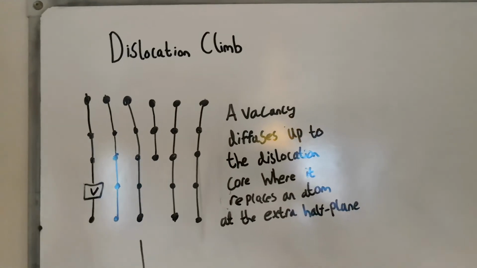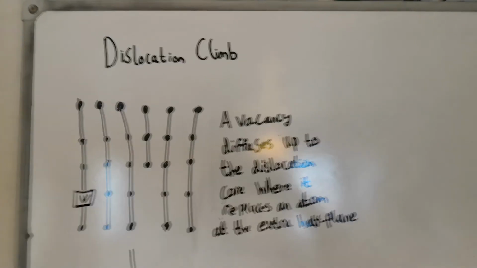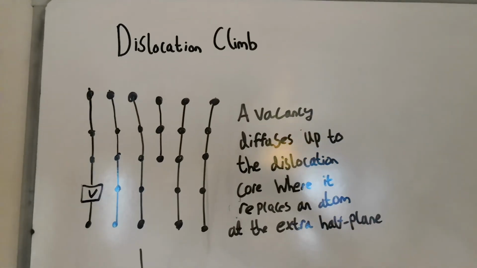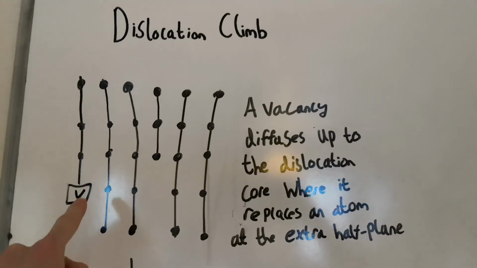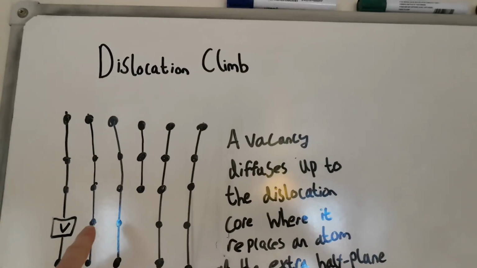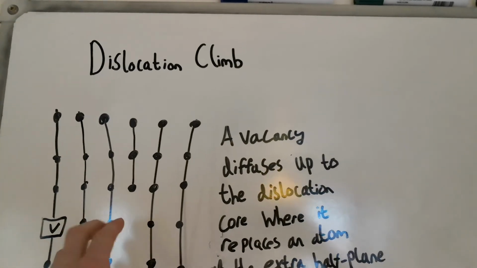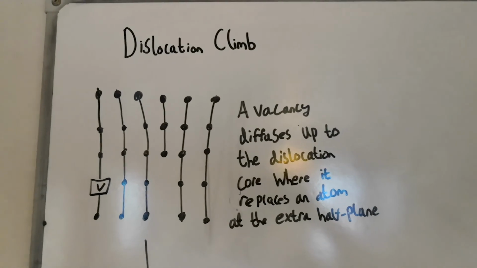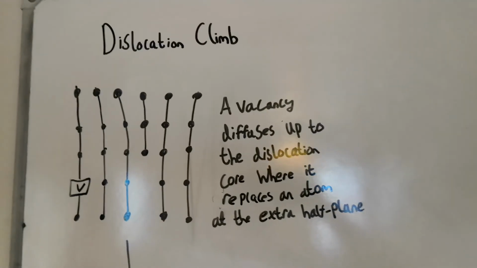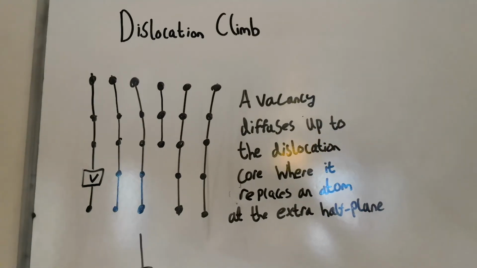So another movement of dislocations we can find is dislocation climb. This is modelled when a vacancy migrates through the structure by solid state diffusion, one at a time, until it eventually reaches the base of the extra half plane of atoms, or replaces the bottom atom in that.